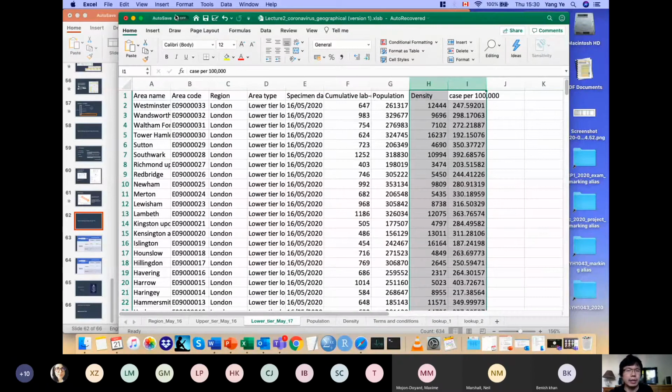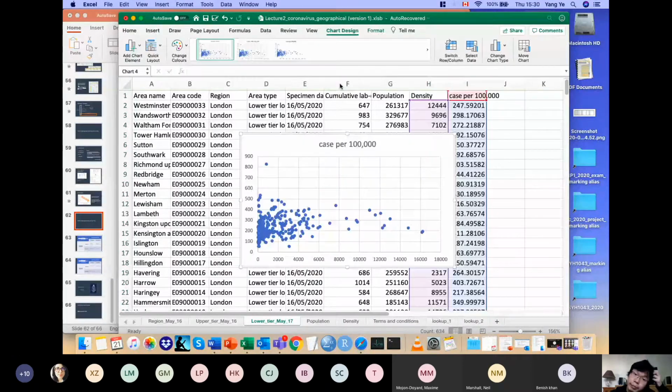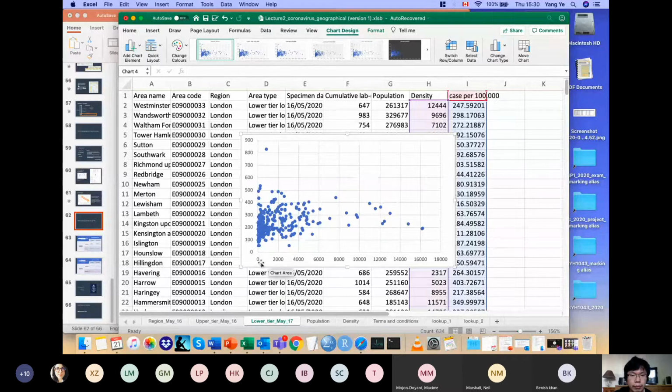So let me create a chart, a scatter plot that describes this. Okay. This time on the x-axis we have density. On the y-axis we have cases per 100,000.